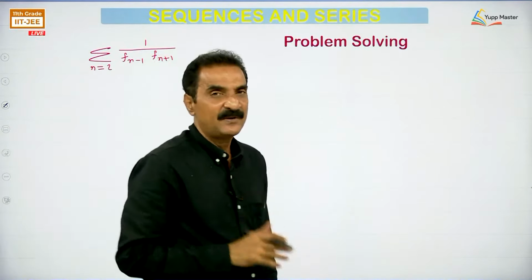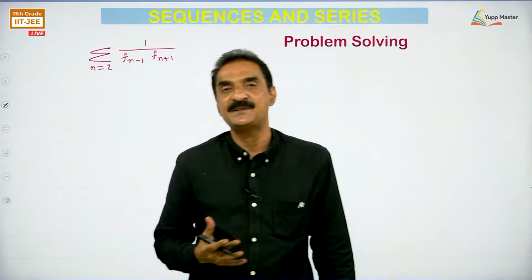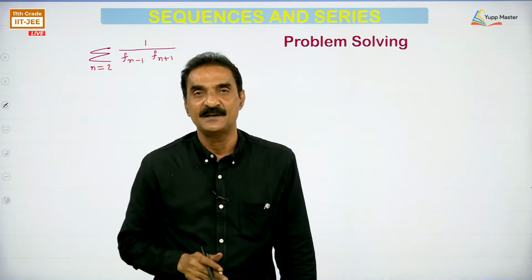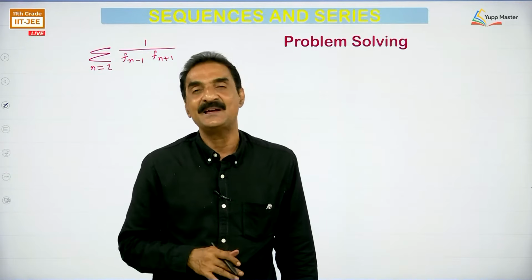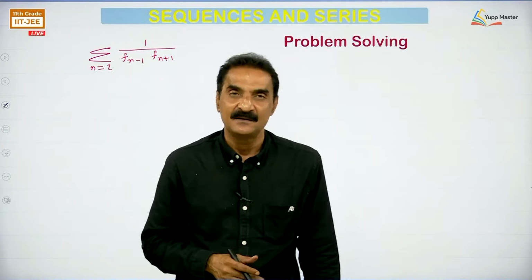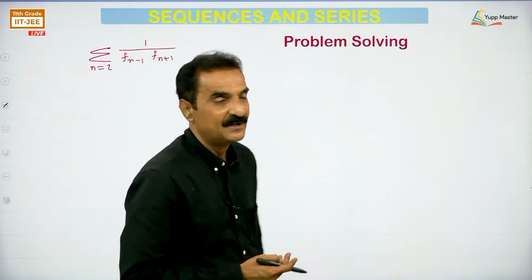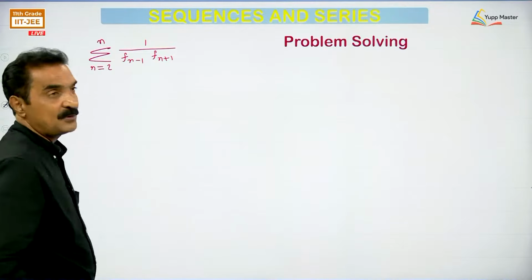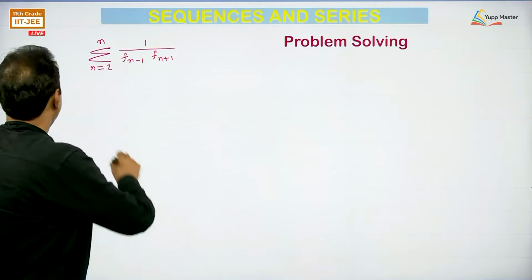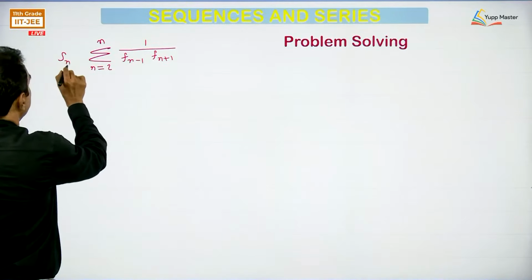Actually, you are aware that the sum of an infinite series cannot be calculated directly. First we have to find the sum of n terms, then taking n as infinity, we will find the sum of the series up to infinity. Alright. So, I am going to find the sum up to n terms. Let us denote it by Sn.